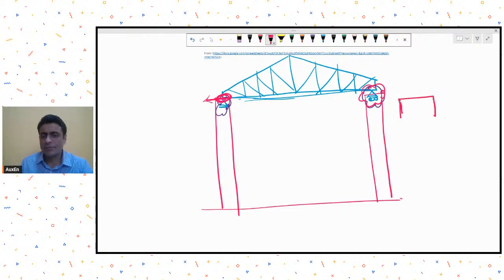So if this was my base plate, and let's say this was my truss member, I will have two base plates. One will be connected to the bottom of this bottom chord, and the other will be connected to the top of the column. So one plate is connected to the bottom chord, and the other plate is on top of the column.